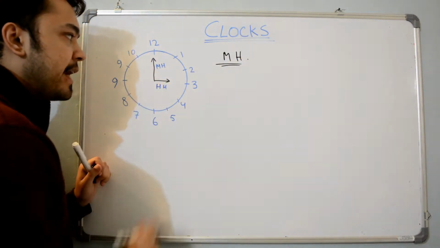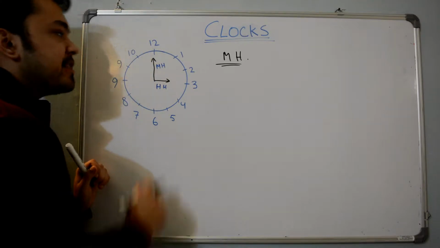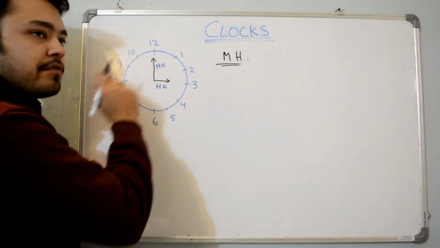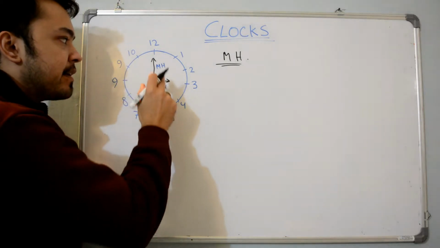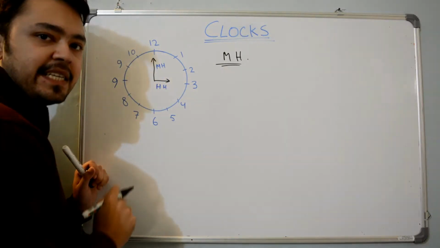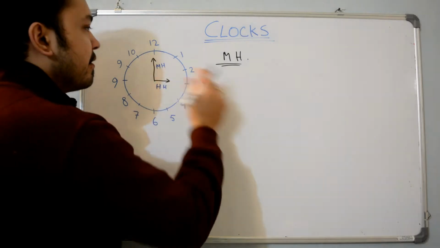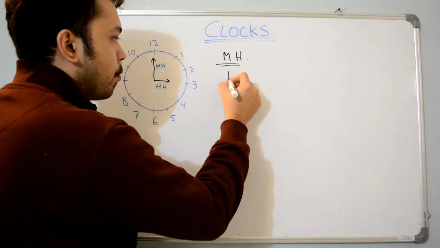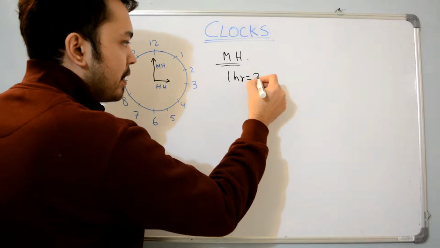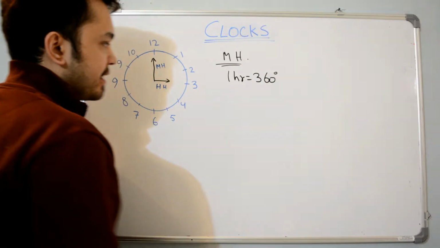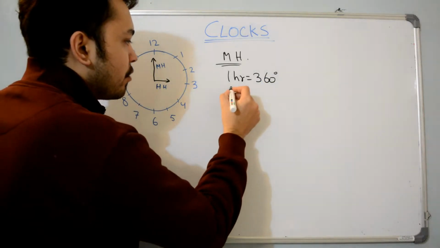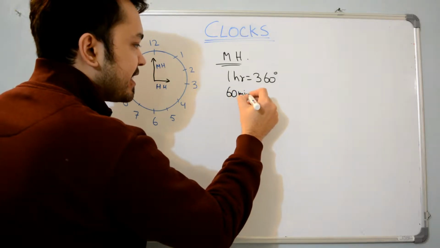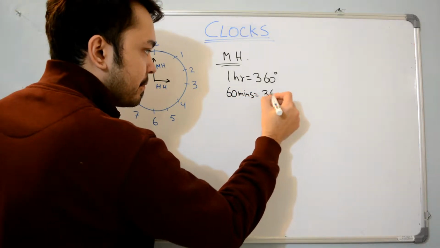In how much time does it complete one full circle of the clock? If I ask you this way, right? In how much time does it cover an angle of 360 degrees? So you can very well know that it will cover 360 degrees in 1 hour, right? You all know this. 1 hour is equivalent to how many minutes? 60 minutes. Perfect.